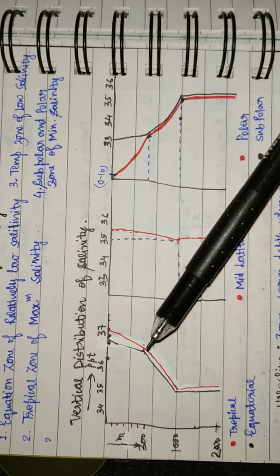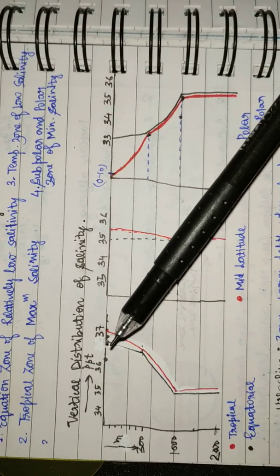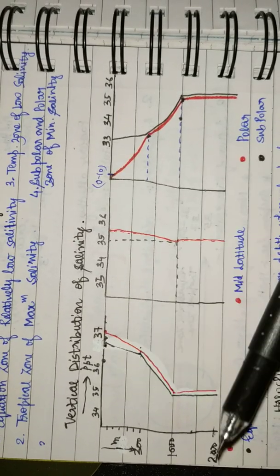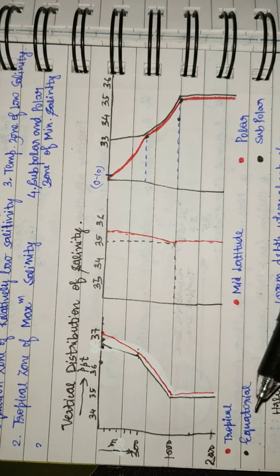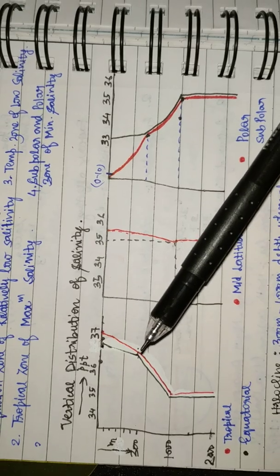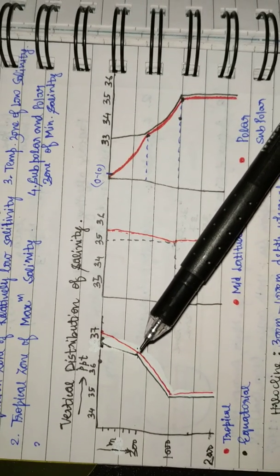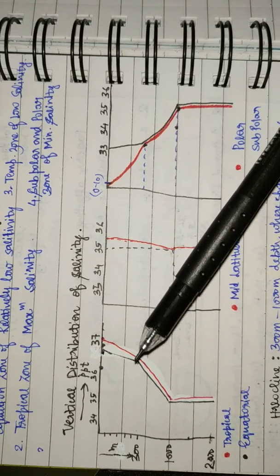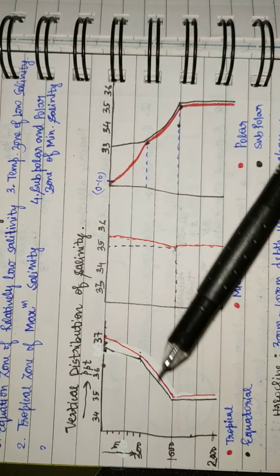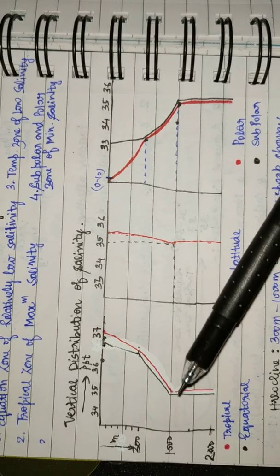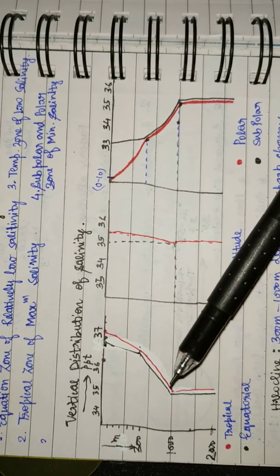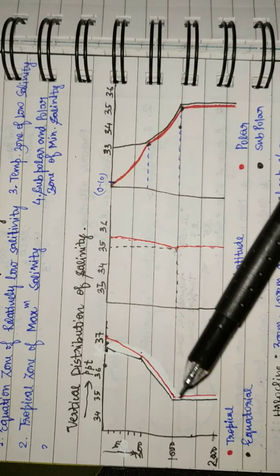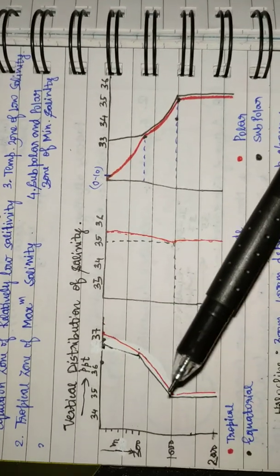Now at 300 meter below the sea surface, the salinity of both the tropical region as well as the equatorial region comes to the same point, somewhat very near to 36, and in the graph they toe each other. This is the same graph; in order to represent it differently, they are separated.